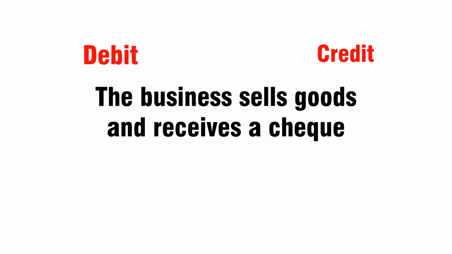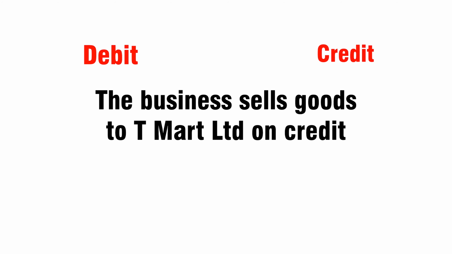Transaction 4. The business sells goods and receives a check. Debit bank, credit sales. Transaction 5. The business sells goods to T-Mart Limited on credit.